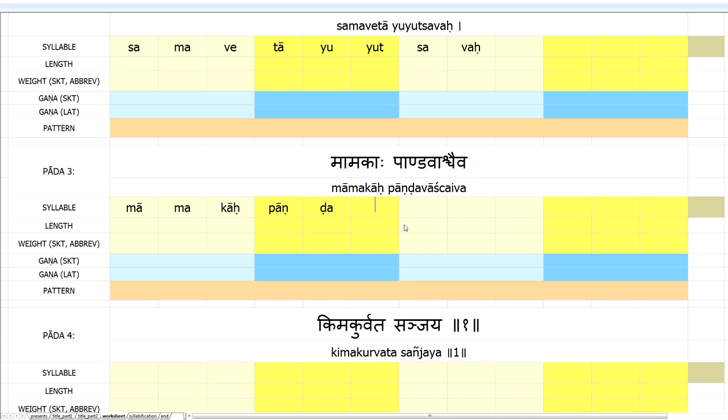So one of them goes to the left then. And then we have eva, because the v will move on to the right together with the short vowel a.